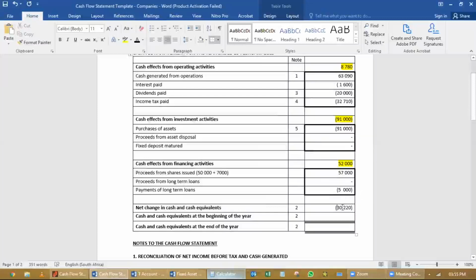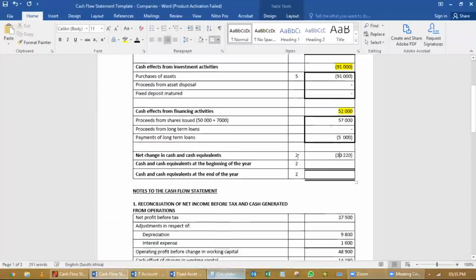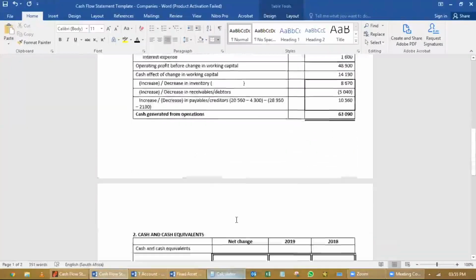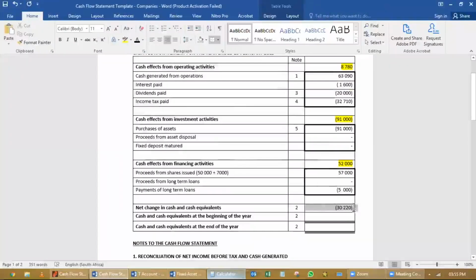You'll see now why when we complete this note, because you do this portion first and you just copy paste basically in there. So now I've worked out my net change over here. Now I just need to work out my cash at the beginning of the year and my cash at the end of the year, and then I'll be done.